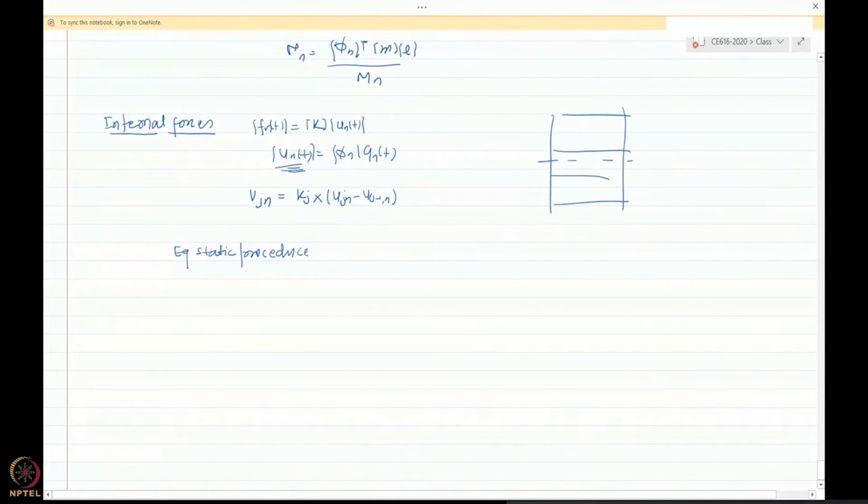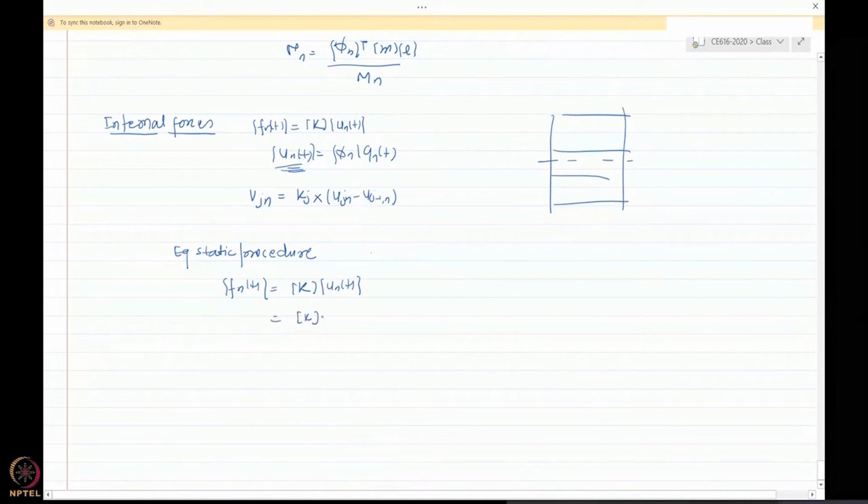in which we find out equivalent static forces as stiffness times the displacement. Remember, this is for the nth mode.